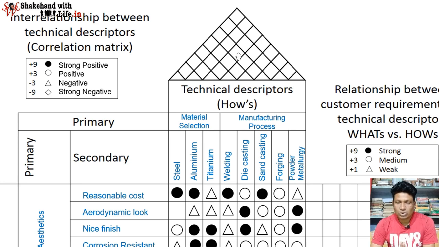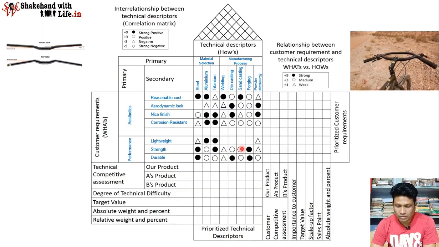This matrix shows the relationship between the material selection and manufacturing process. It studies the relationship between the three metals and the manufacturing processes one by one. So how do we do that? We'll take a look.